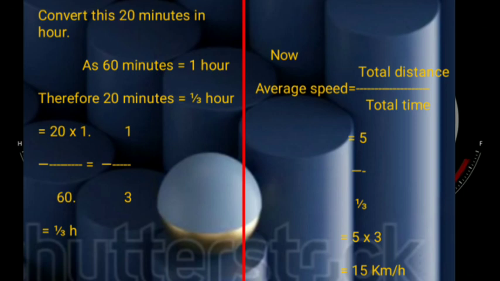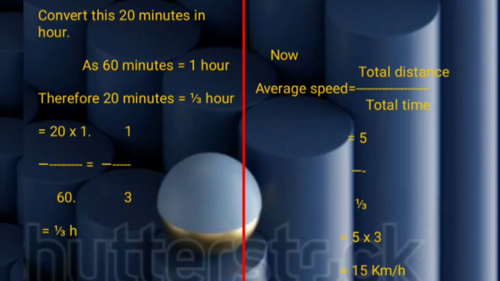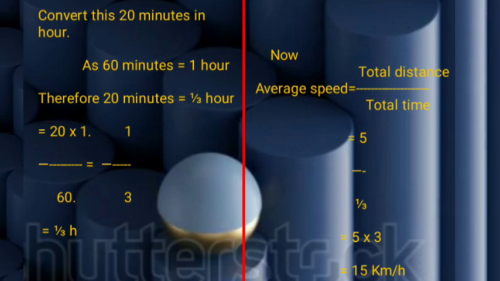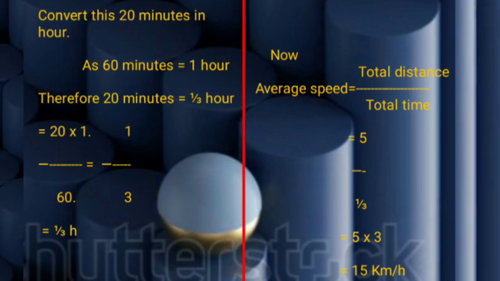Average speed is equal to total distance upon total time, which is 5 upon 1/3, equal to 5 into 3, that is equal to 15 km per hour.